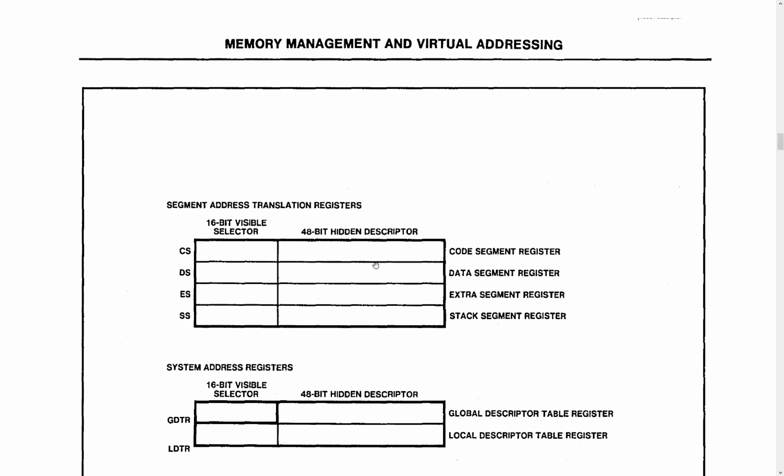It just caches this information. When we modify selector, then we also update the descriptor according to current state of descriptor table. So as long as we do not modify stack segment selector, it is still going to work as it worked in real mode, because this hidden descriptor is not going to be updated.